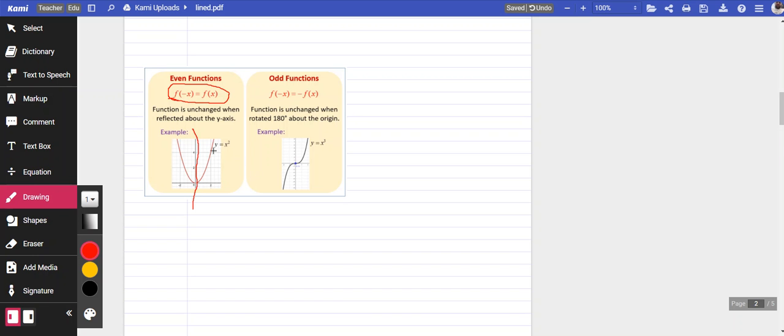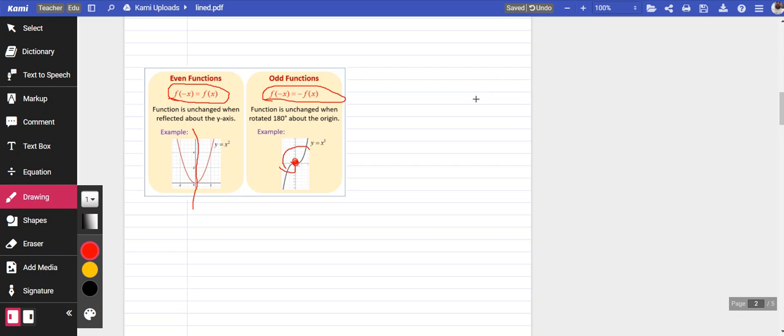Odd, this is important right here: if you plug in negative x and you get the opposite of the function, then you have reflection or rotation symmetry. So you can punch it, flip it, and it'd be the exact same thing. So those are the similarities.